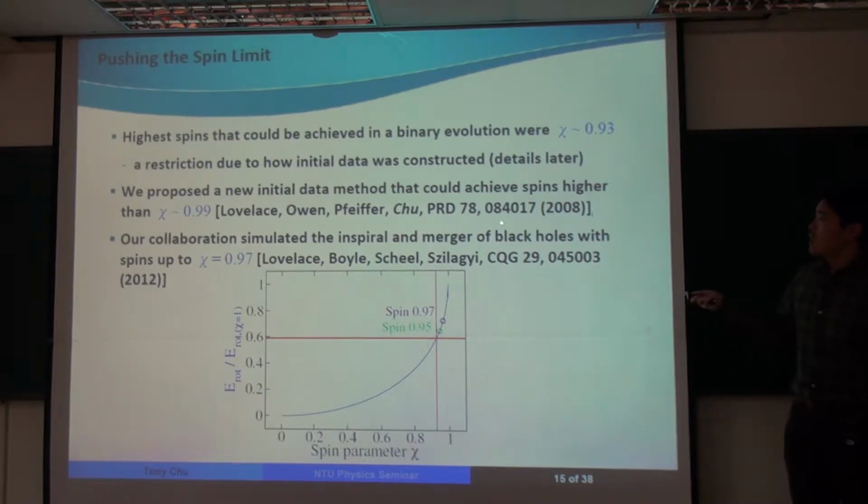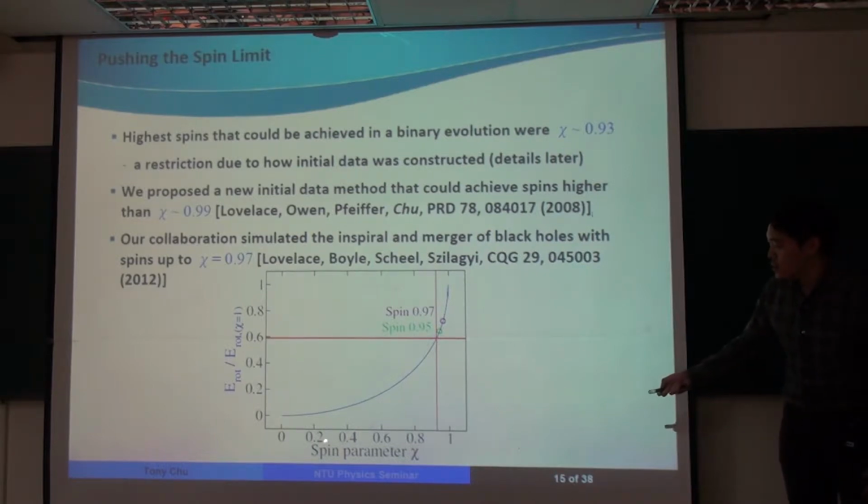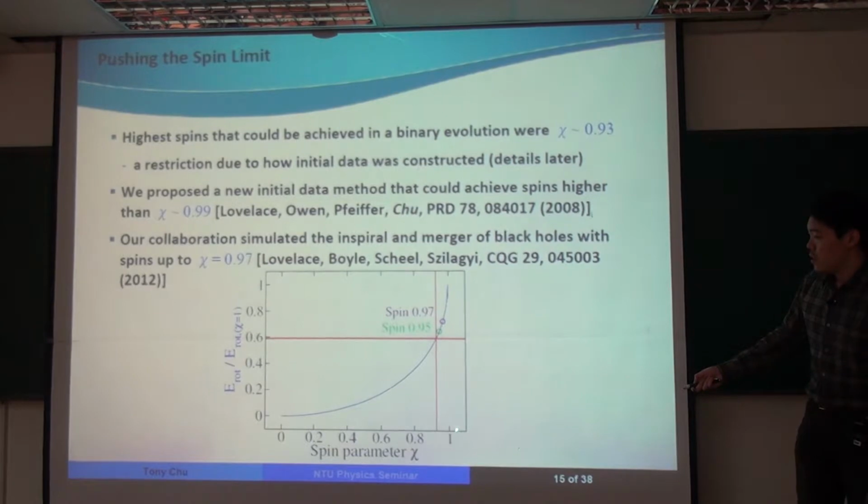But with my collaborators, we proposed a new method to construct initial data that allows you to achieve spins higher than about 0.99. And why is that important? Well, here's a plot of the spin of a single black hole.